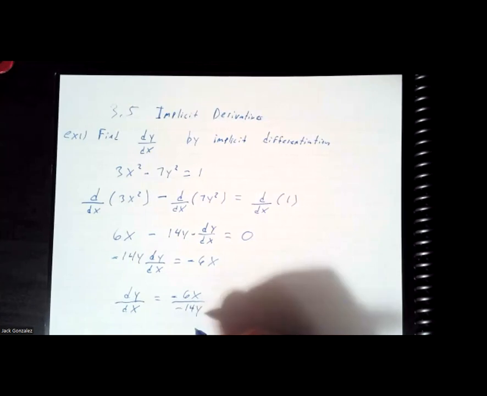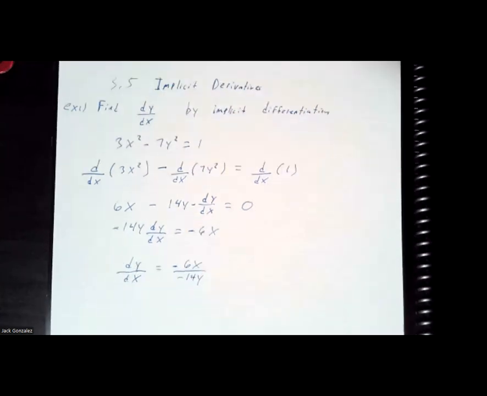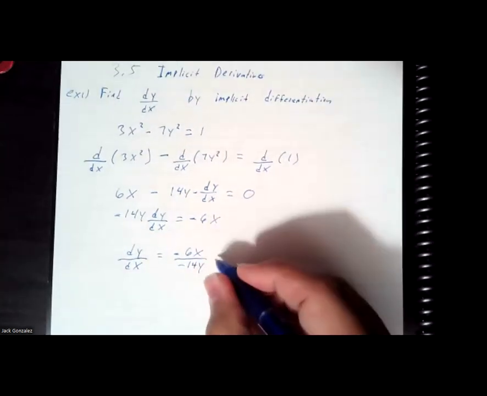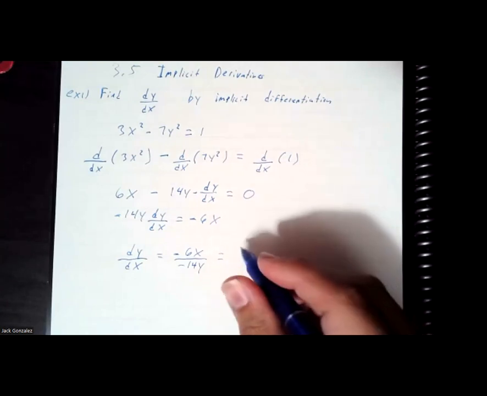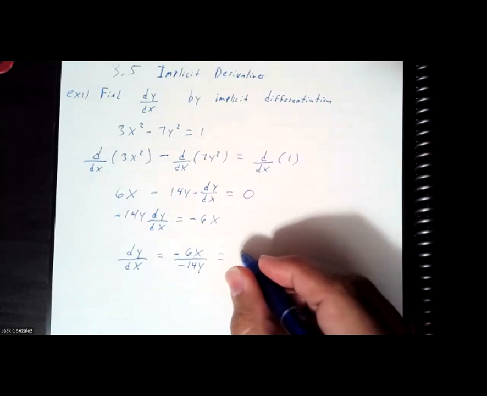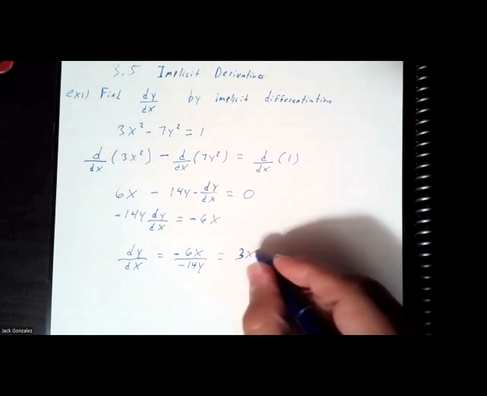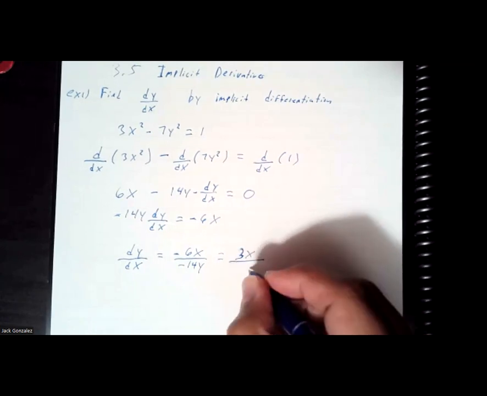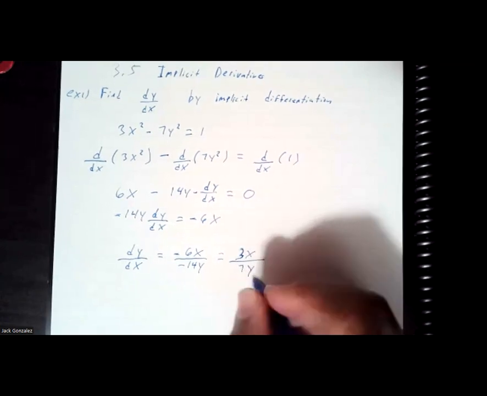No, I got it. Okay, so we get to there. So our solution, the derivative of y with respect to x, is going to be positive 3x over 7y.